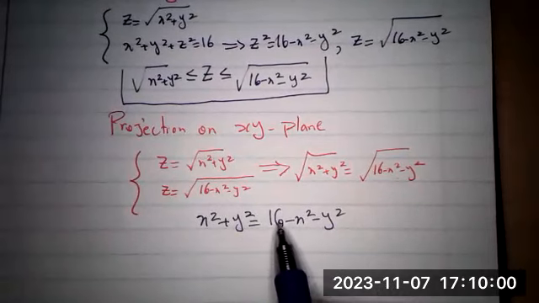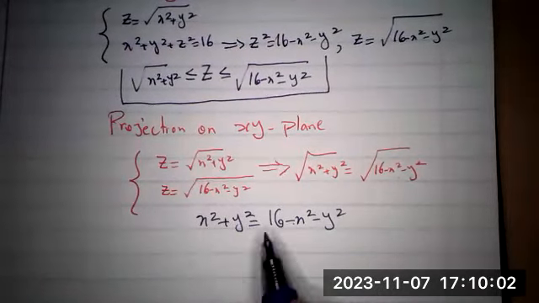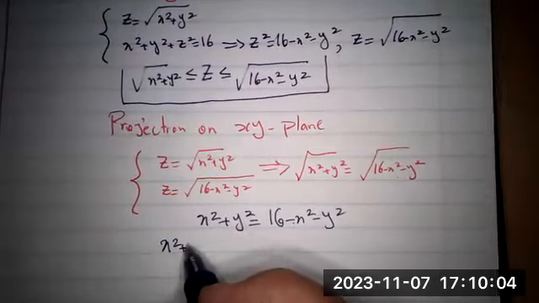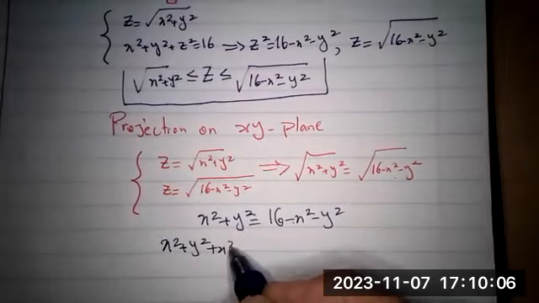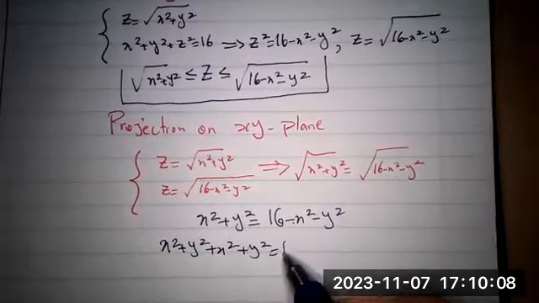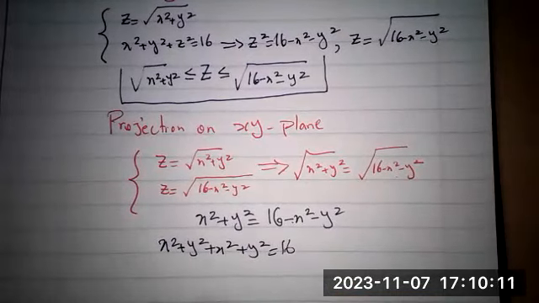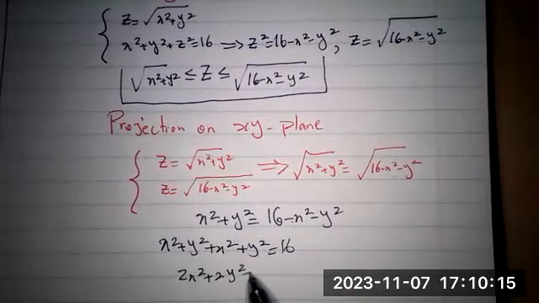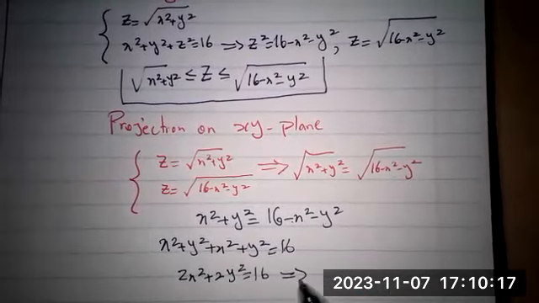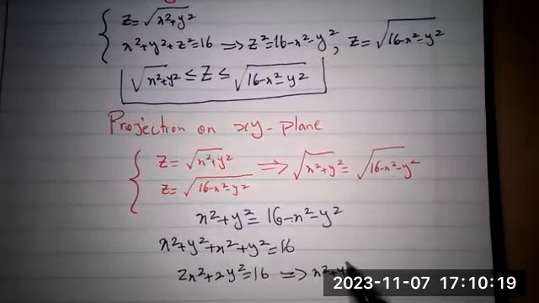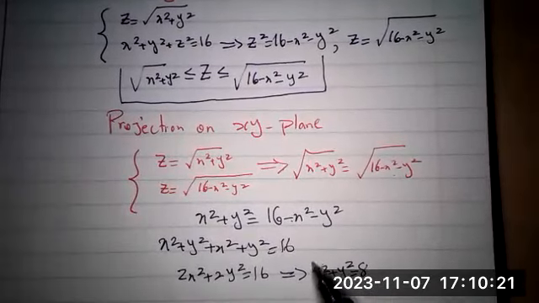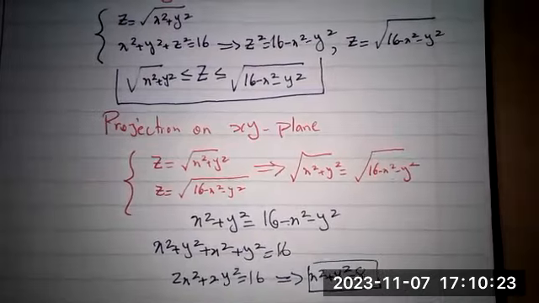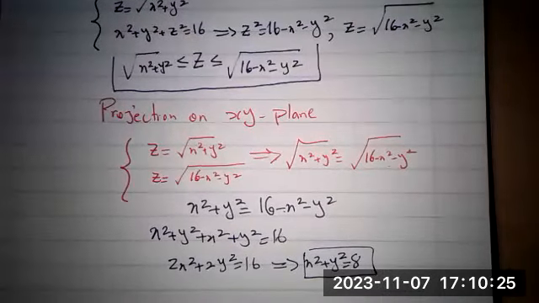So that gives you 2x squared plus 2y squared equal to 16. So that gives x squared plus y squared equal to what? Equal to 8. This is the shape of the region in two-dimensional.